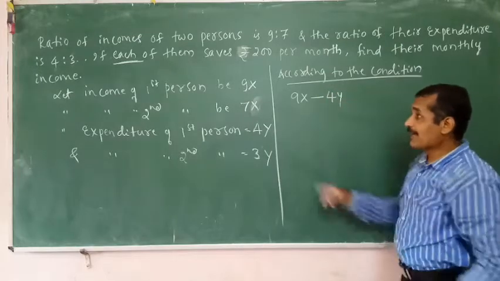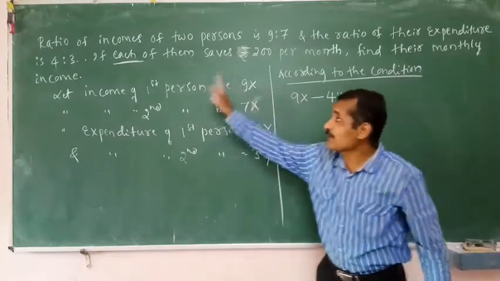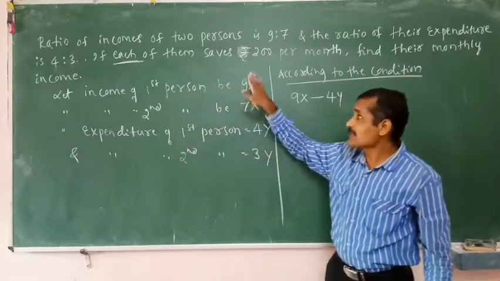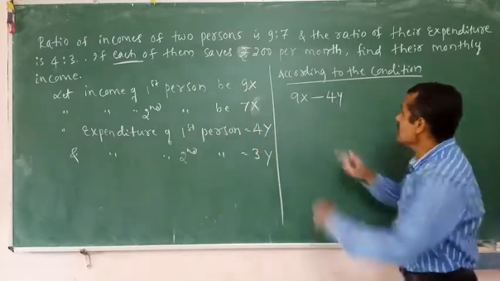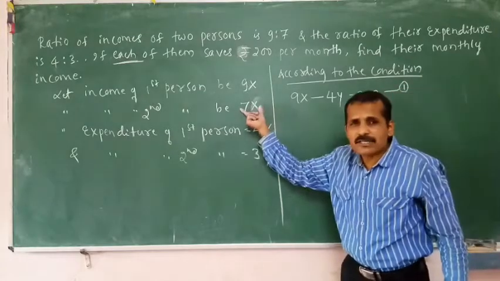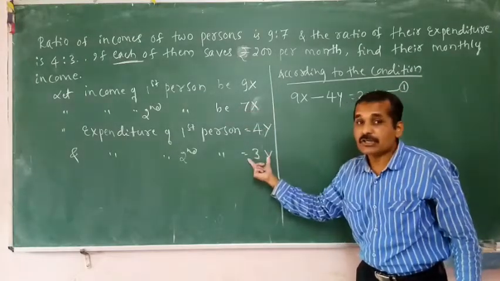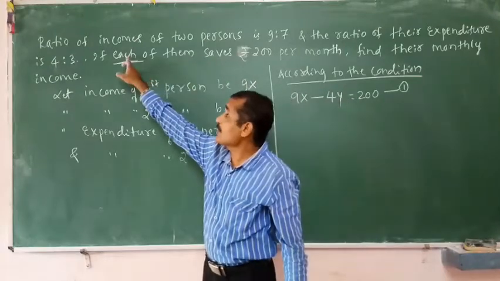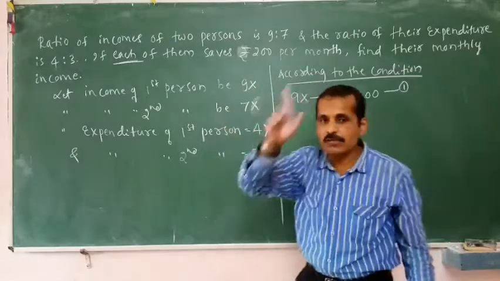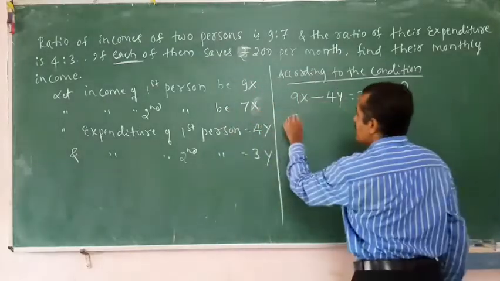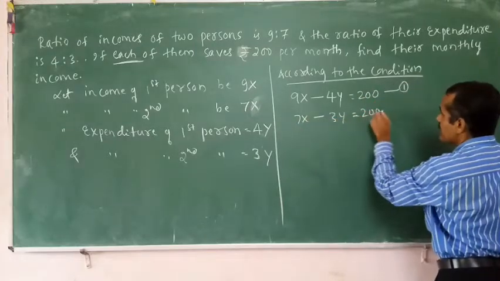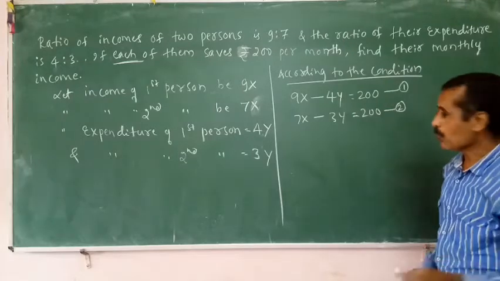My dear children, why 9x minus 4y? This is related to the first person only. First person's income, first person's expenditure is equal to 200. Equation 1. Second person's income, second person's expenditure also equals 200 because each of them saves rupees 200. Each means first person also saves 200, second person also saves 200. I can write 7x minus 3y is equal to 200. Equation 2. Hope we can solve the problem now.